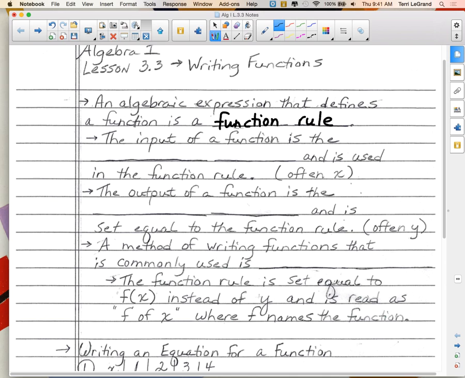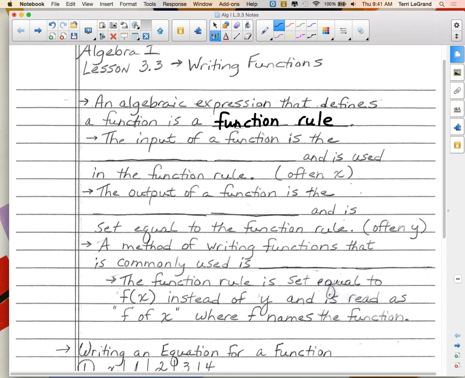So when we talk about the function rule, the algebraic expression that represents the function rule itself does not have an equal sign. Well, for it to be an algebraic expression, what does it have to have? There's one thing it has to have for sure. Now the key term in that is algebraic. Algebraic.